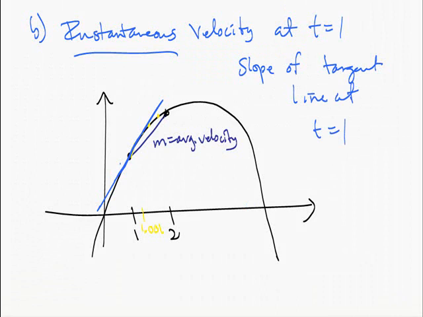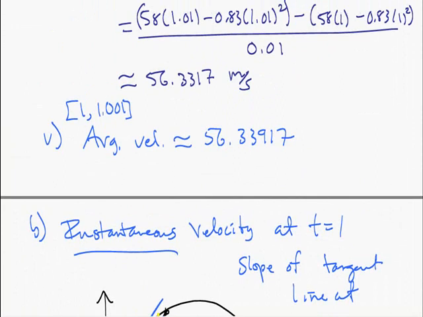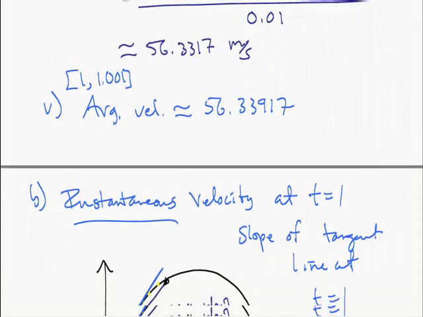Judging from what we did, because we did the average velocity over smaller and smaller intervals, as we get closer and closer to 1, we got 56.339. This is the best approximation we have. If you wanted to, you could go from 1 to 1.0001 or 1.00001, and you would get better and better accuracy on the actual instantaneous velocity of the arrow at that time t equals 1.